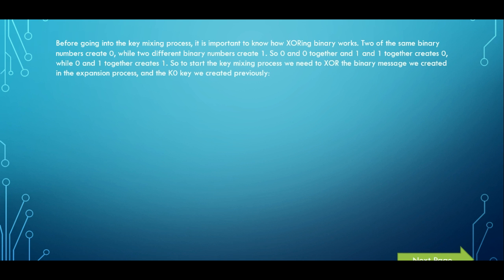So to start, we get the binary message that we just created and put it next to the K0 key that we created earlier on. Now to XOR it, as mentioned before, two of the same numbers become 0 and two different numbers become 1. So as you can see here, we have 1 and 1, which would make 0, 1 and 1, which would make 0, and these two would also make 0, but 0 and 1 makes 1.